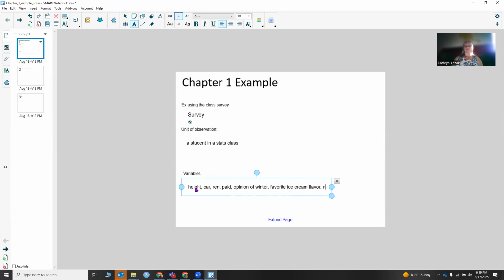I measured the number of tattoos. There's a lot of other things I did measure. I measured the major and their distance from campus and a few other things. I can't remember everything we measured, but these are all different variables that were going to be in this survey.